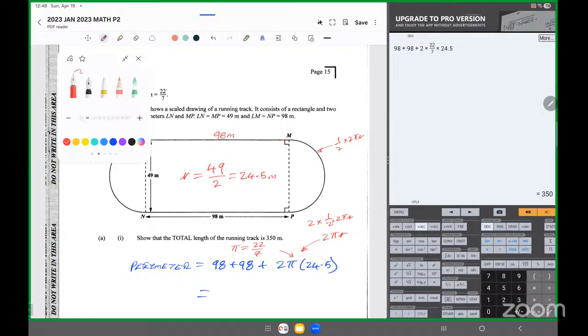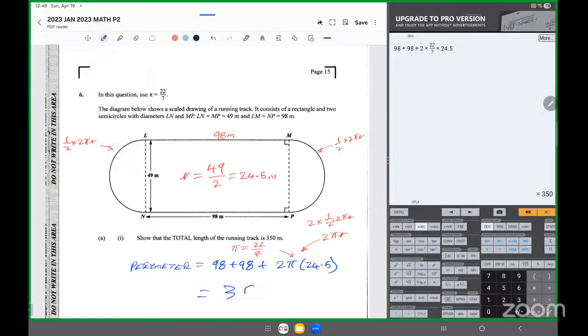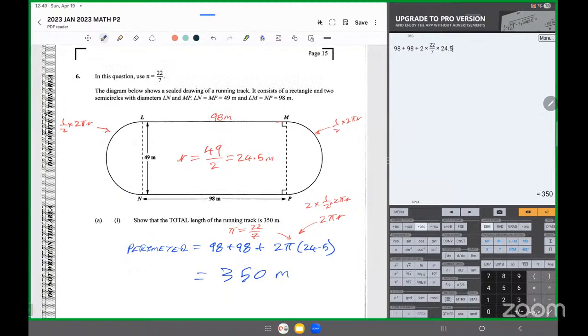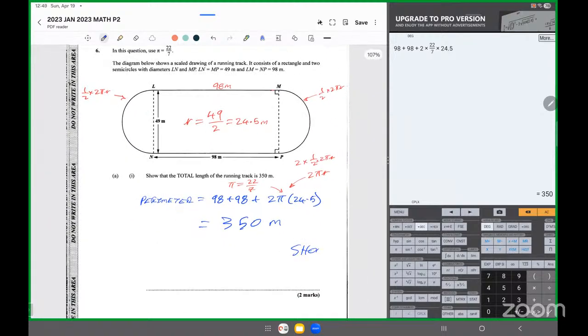So putting that in the calculator, I get 350 flat, 350 meters, as shown. That is the distance around the running track, half of a circumference for each arc.